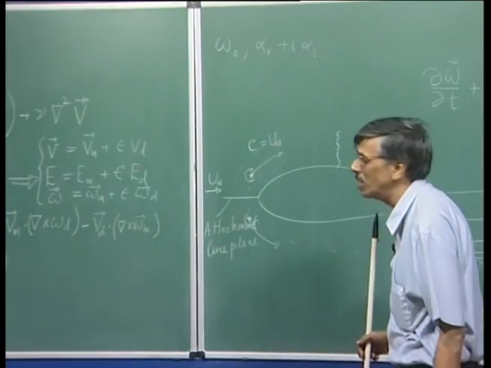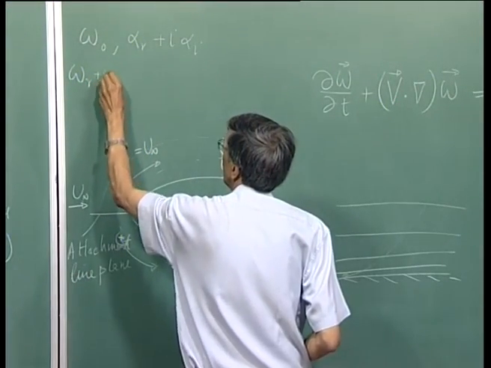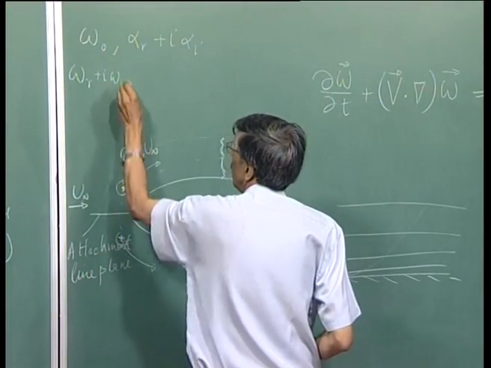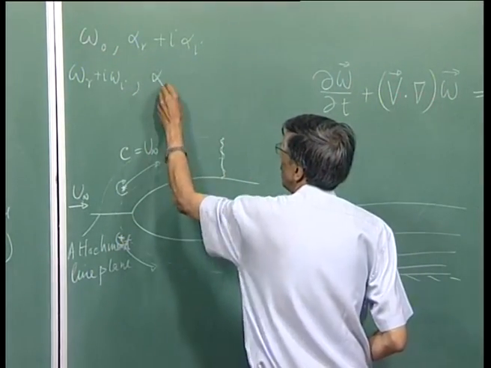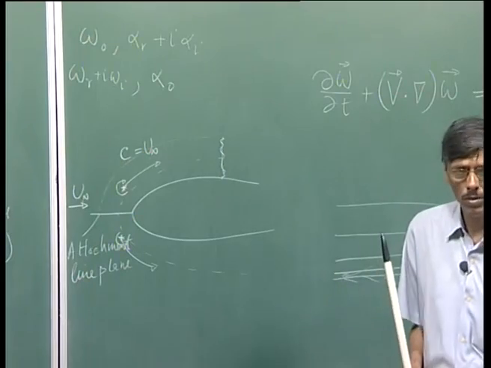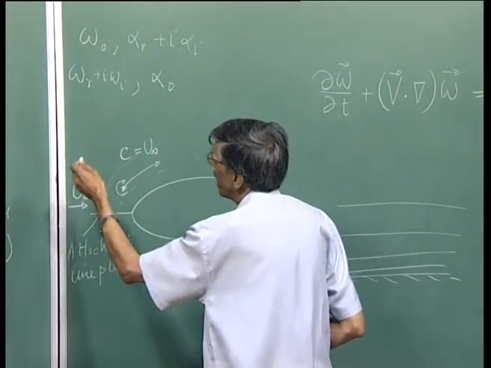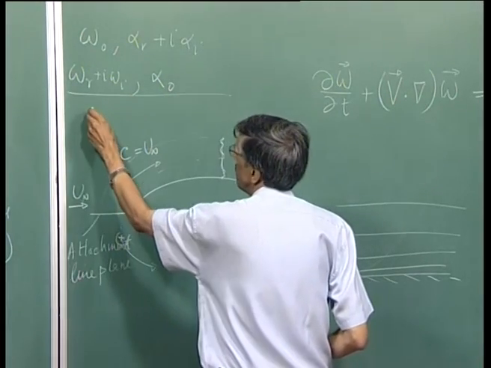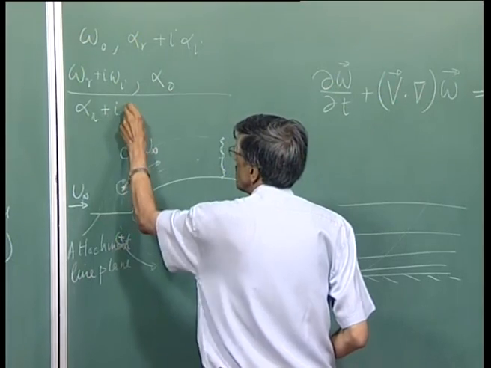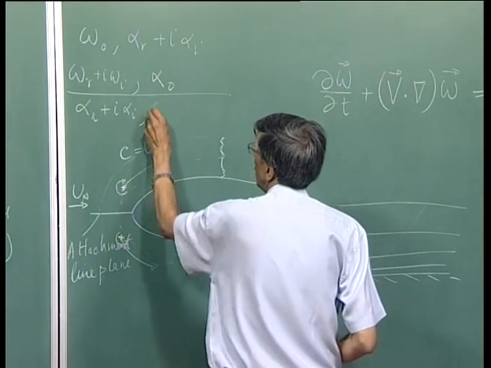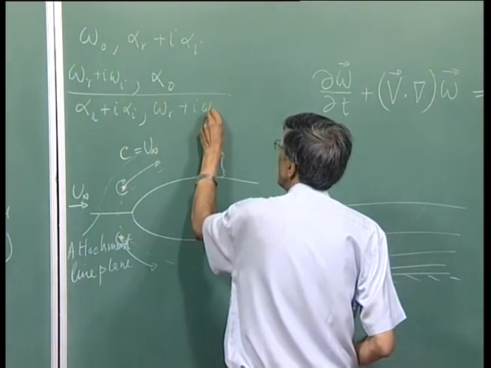That is your spatial theory. And in temporal theory, you will take complex omega and real wave number. So what Fourier and Mankiewicz did was simply look at the complex wave number and complex frequency.